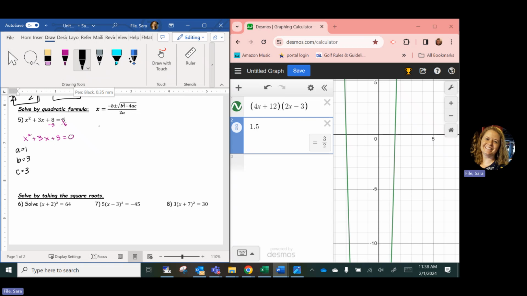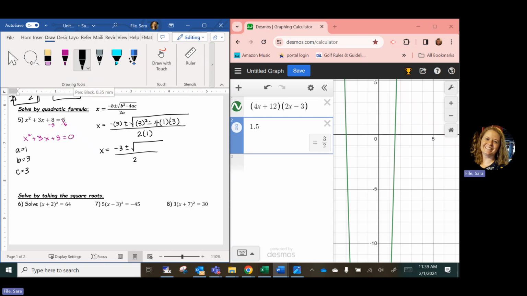So now I'm ready to plug those in to the formula. -b plus or minus the square root of b squared minus 4ac, all over 2a. So simplifying, that is -3 plus or minus the square root, and the bottom is 2.